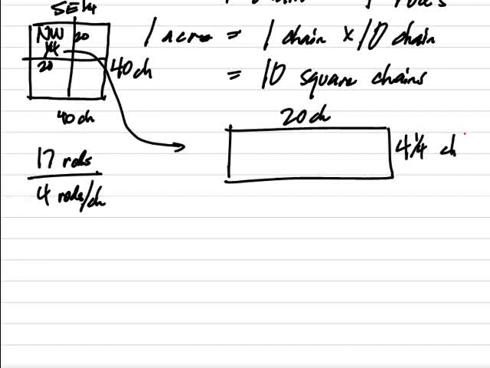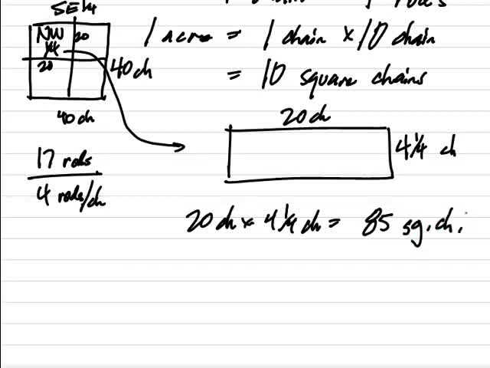Okay. Well, that's pretty straightforward then, isn't it? So 20 chains by 4 1/4 chains is going to be 80, 4 times 20 is 80, plus 1/4 times 20 is 5. So now you have 85 square chains.